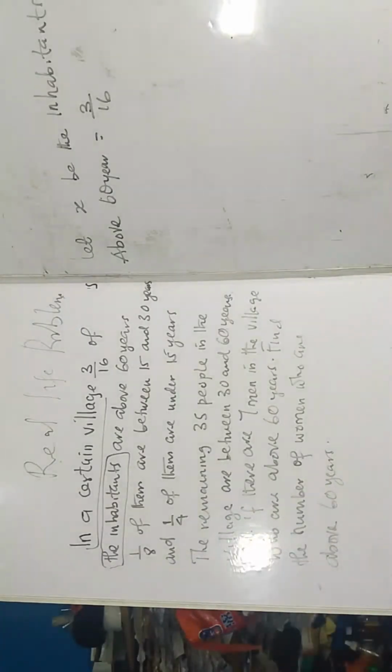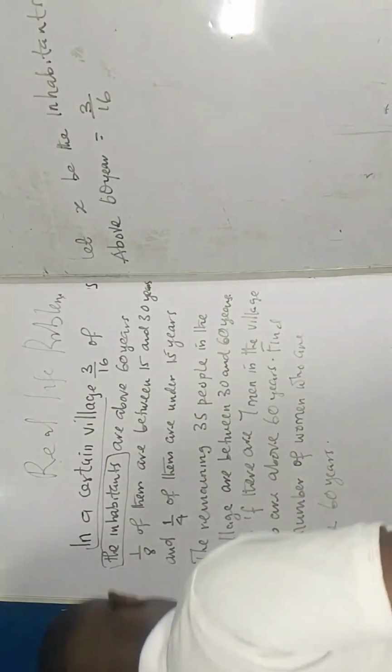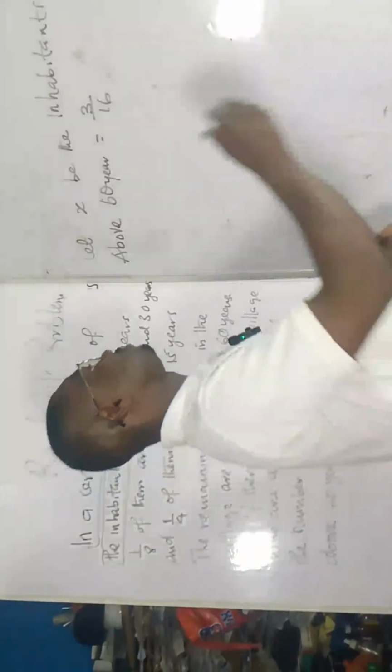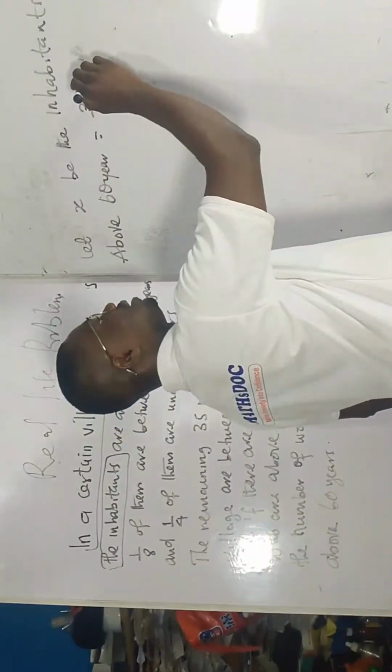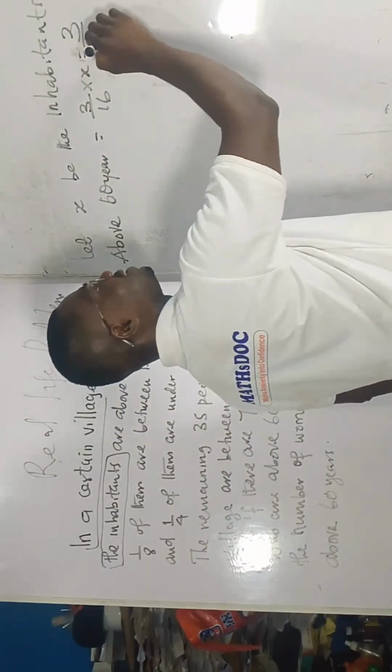I think everybody understands the word of. Of means times, or multiplication. So it is 3 over 16 times x.